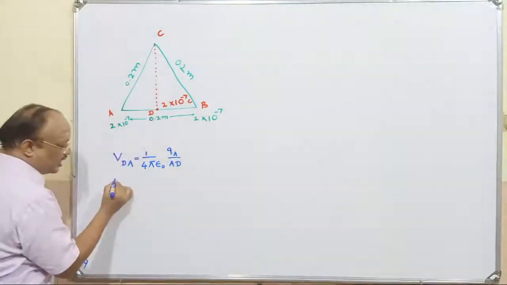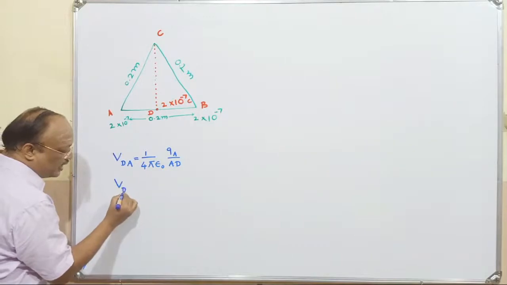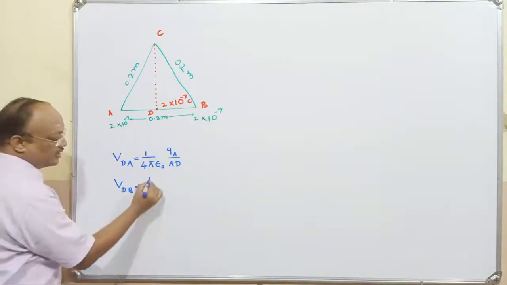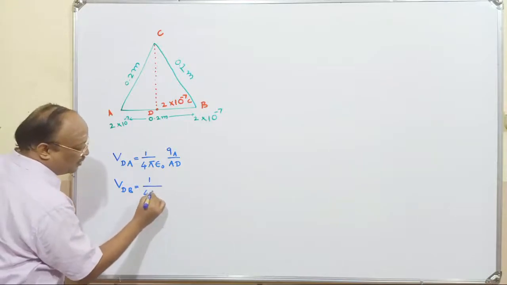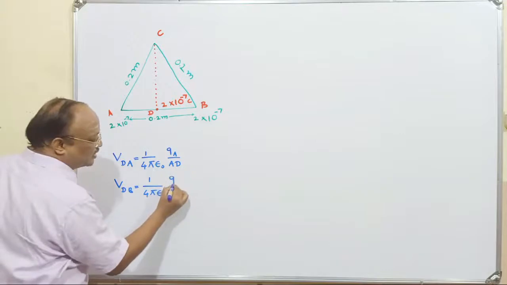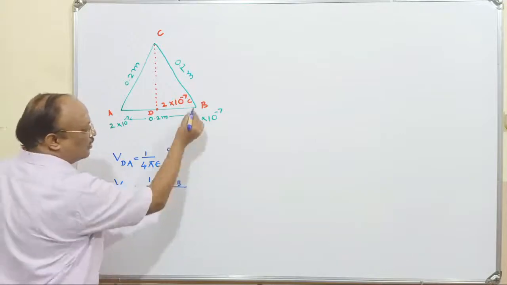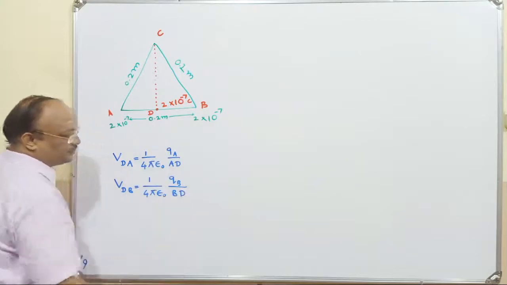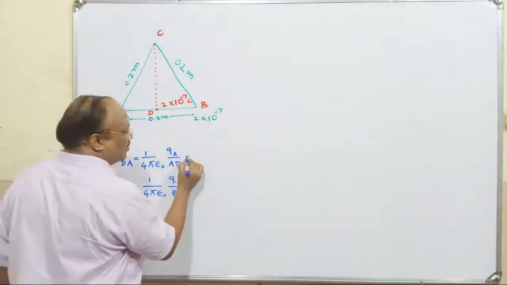What is the potential at D due to B? It is 1 by 4 pi epsilon naught, QB, and the distance is BD.